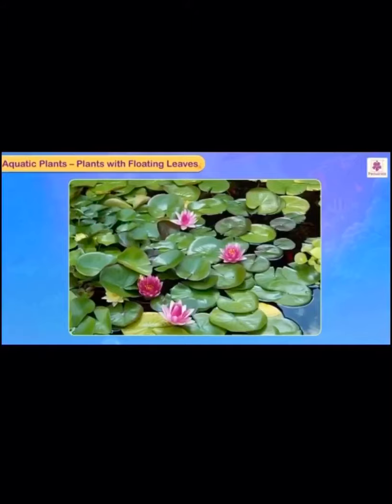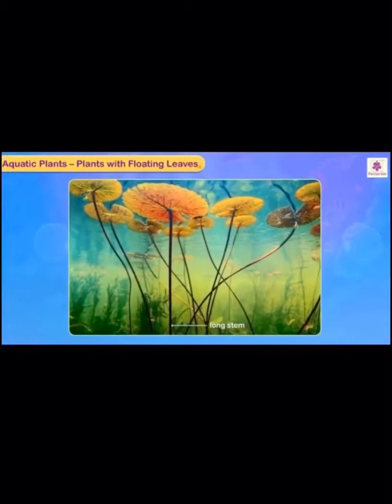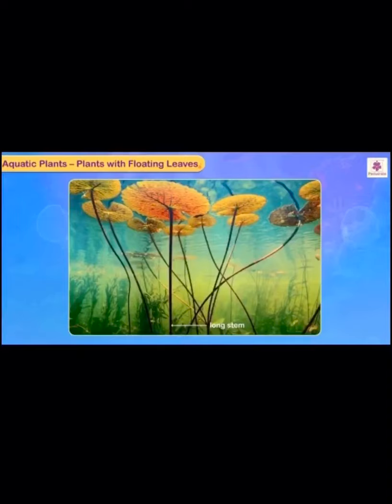C. Plants with floating leaves. Aquatic plants such as water lilies and lotus are freshwater plants. They have long stems that are rooted to the muddy soil.